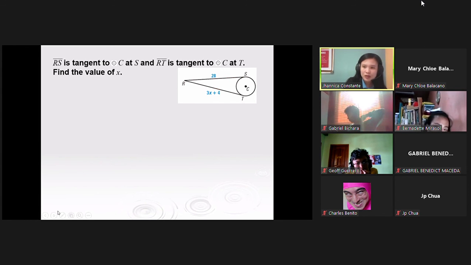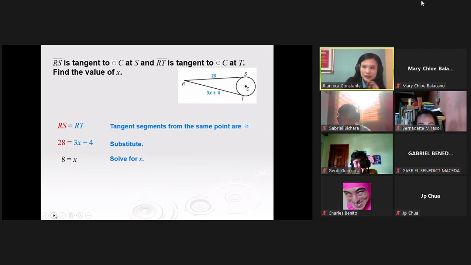So let's proceed with the third theorem for tangent.